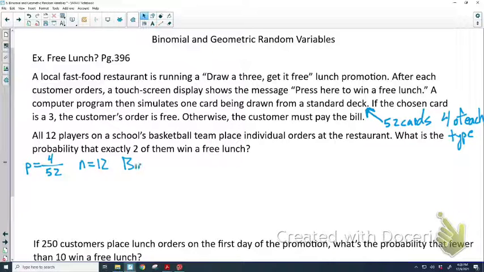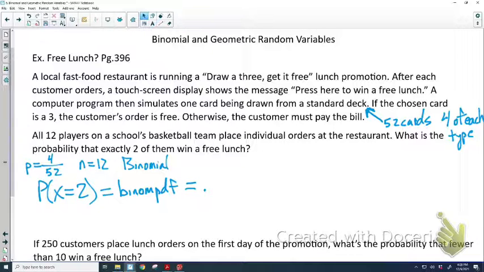Therefore, it is binomial. And we want the probability that 2 of them get a free lunch. So that's a quick one. That's binomial PDF. So try that out real quick. It's not a super high probability, but I got 0.1754.